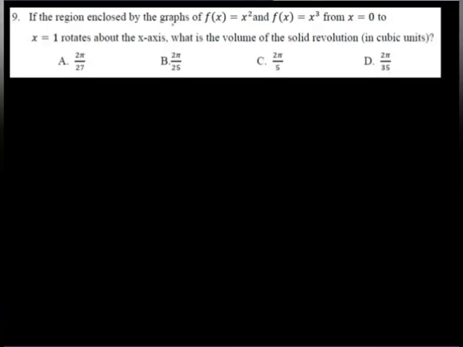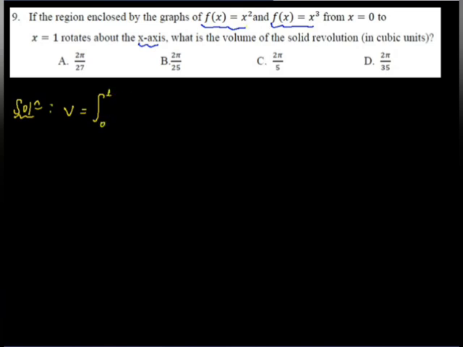If the region enclosed by the graphs of f of x equals x squared and f of x equals x cubed for x from 0 to 1 rotates about the x-axis, what is the volume of the solid of revolution obtained by revolving these curves? As usual, we need to know the formula for the volume of a solid obtained by revolving the 2 curves, and the interval is from 0 up to 1.